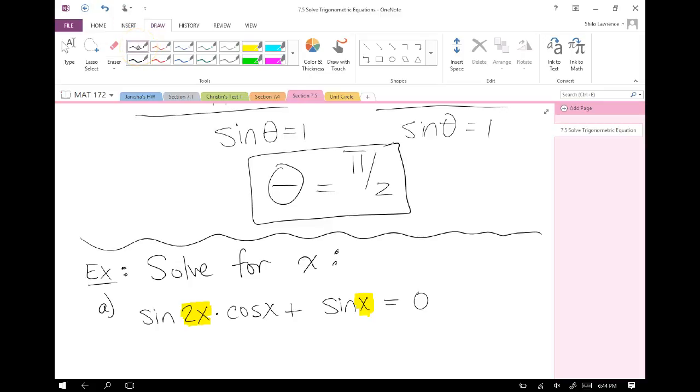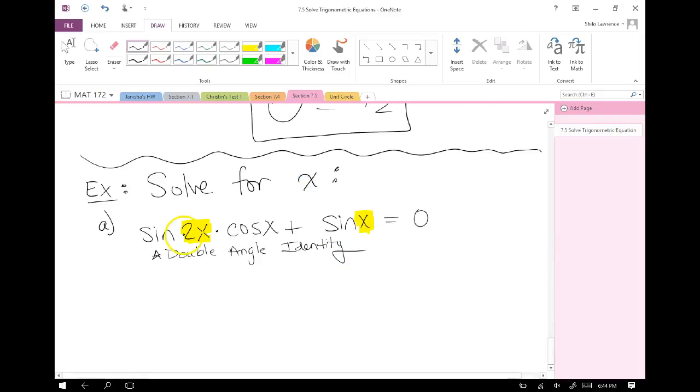So I am going to use my double angle identity here to fix this one. So sine of 2x is the same thing as 2 times the sine x times cosine x. Sine 2x can be replaced with all of that, and then everything else is going to stay the same.